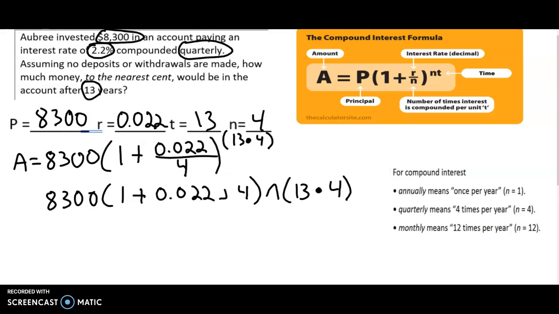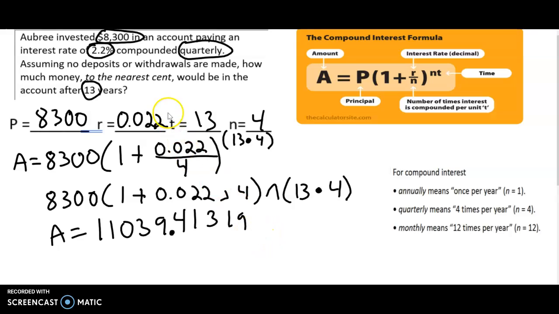On a certain type of calculator, you'll see this button here, A b over c. That's how you get to that little shape right here, but it's just this fraction bar.